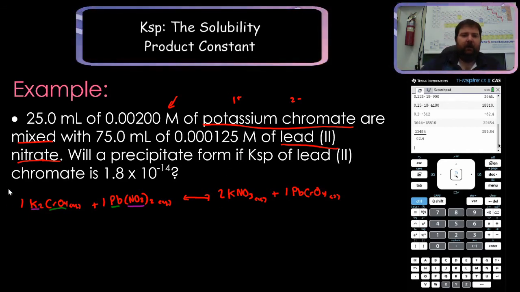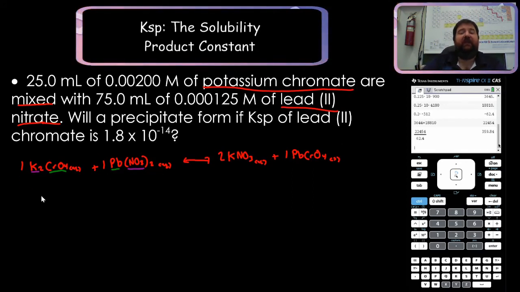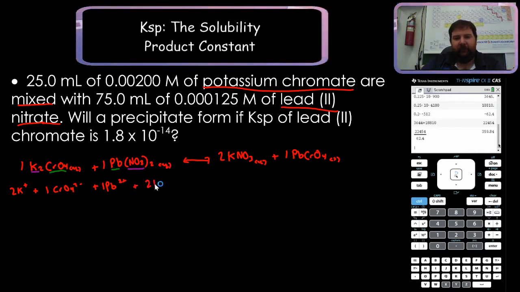Let's go and dissociate the things that can be dissociated. I'm splitting up all things that are aqueous. So here we're going to have two K pluses and one CrO4 2 minus. And I'm going to have a Pb2 plus, just one of them, and I'm going to have two NO3 minuses.